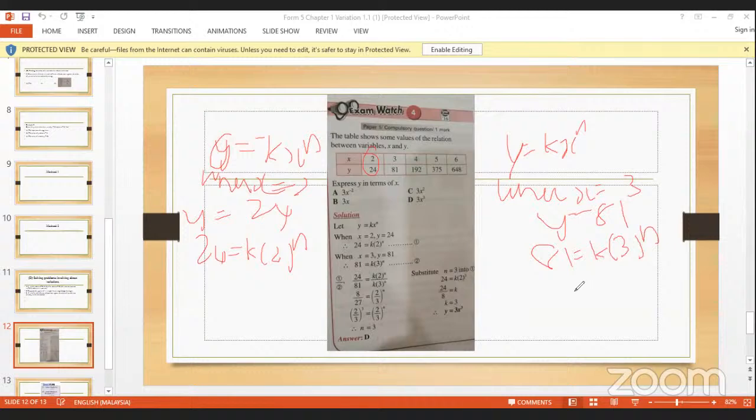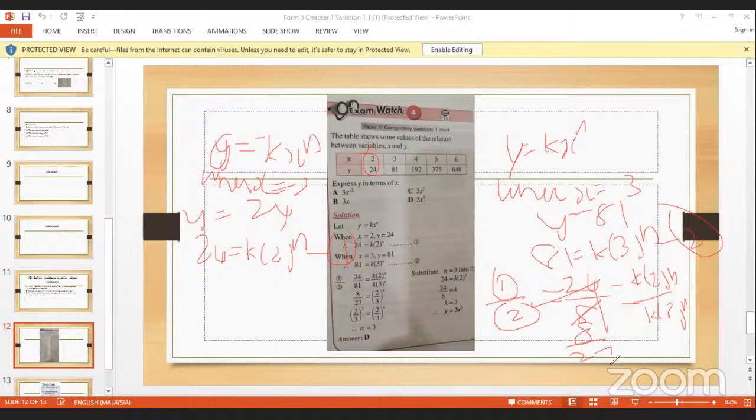So this is equation 1, and this is equation 2. Using equation 1 divided by equation 2, you get 24 over 81 equal to k times 2 to the power of n over k times 3 to the power of n. You simplify it, you get 8 over 27 equal to, the k is the same so you can remove it, 2 over 3 to the power of n.